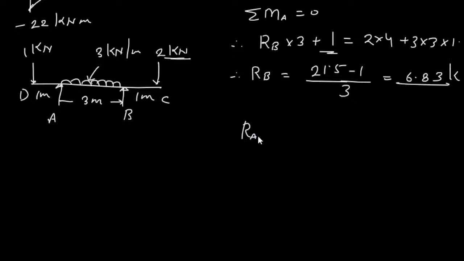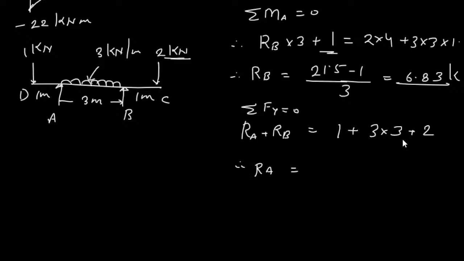Now RA plus RB, summation of Fy, we say that summation of Fy is 0. Therefore RA plus RB is equal to, total upward is equal to total downward. Downward is what, 1 plus 3 times 3 plus 2. So therefore we have RA equals 3 times 3 is 9, 9 plus 2 is 11, plus 1 is 12. It is 12 minus RB.